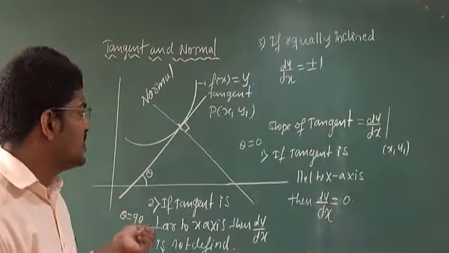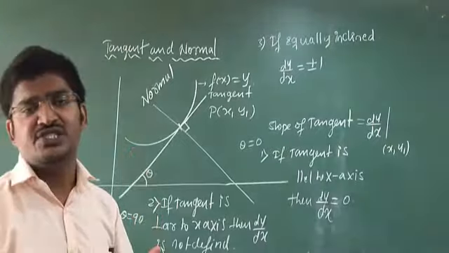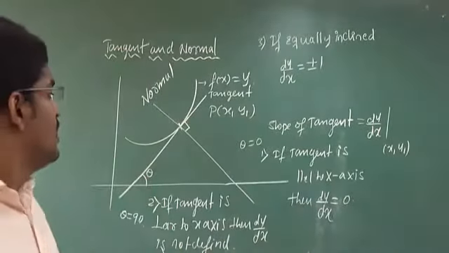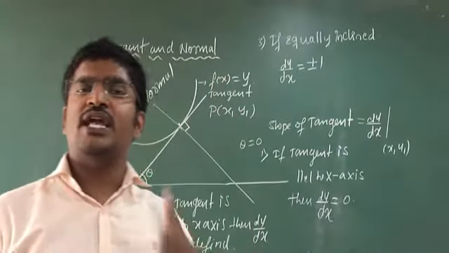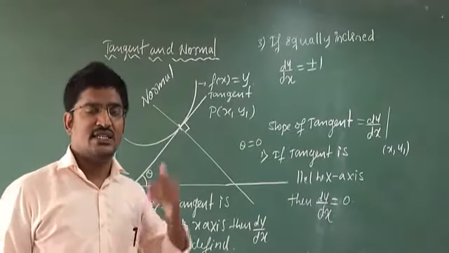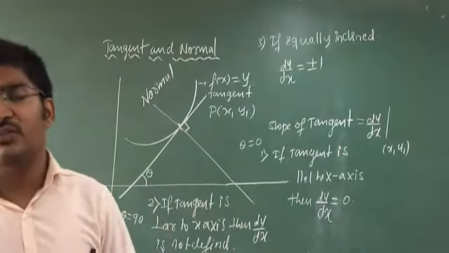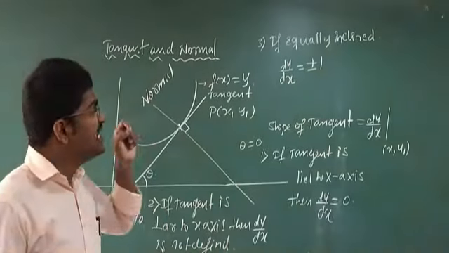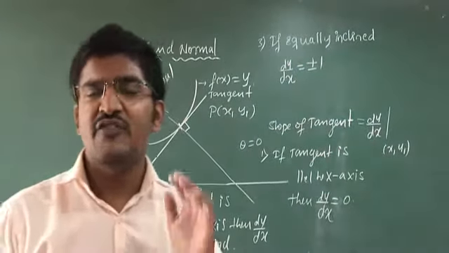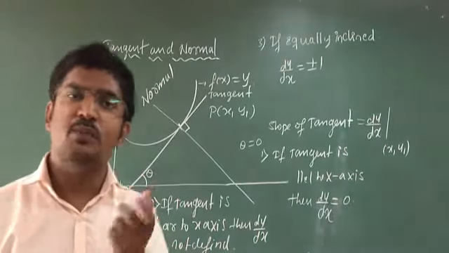Clear? Whenever the tangent is parallel to the x-axis, the slope is 0, that means dy by dx is 0, tan theta is 0. Next, if theta is 90 degrees, that means the tangent is perpendicular to the x-axis, and dy by dx is not defined because tan 90 is not defined. Next, if it is equally inclined, if acute, it is 45 degrees, so tan 45 will be plus 1.